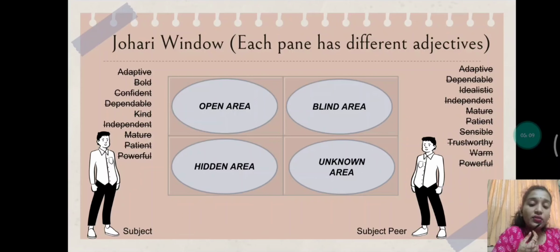So ask for feedback, so you get to know what they perceive about you, so that you can see what they disclose about you. So you need to disclose more. You should not be hidden or unaware about yourself. You should explore and first disclose your information, and slowly and steadily you will get to know what other people think about you.